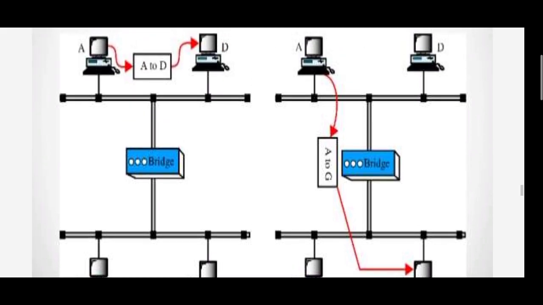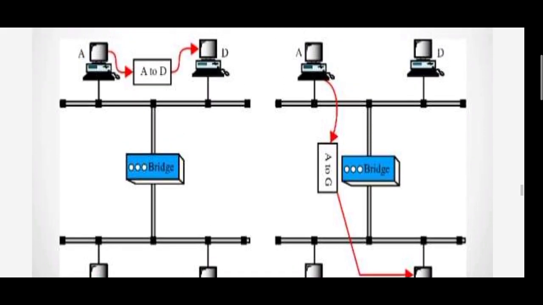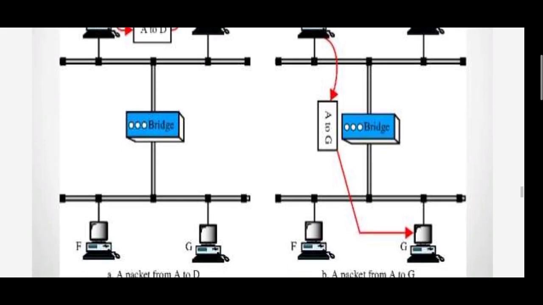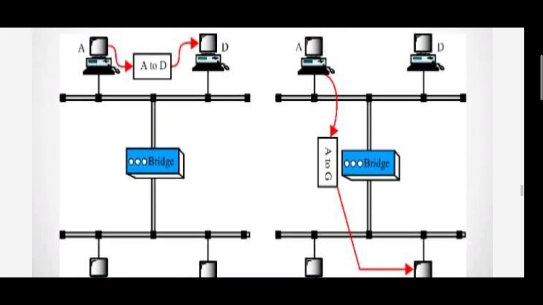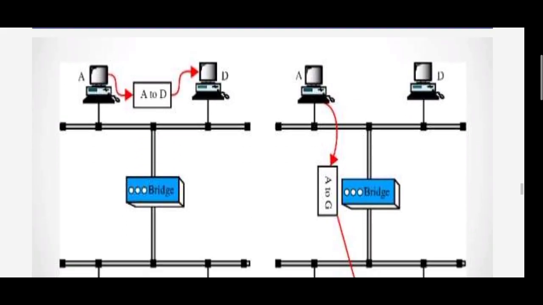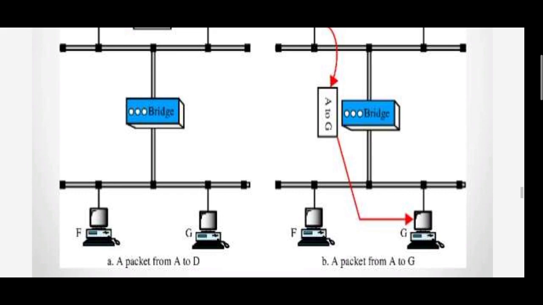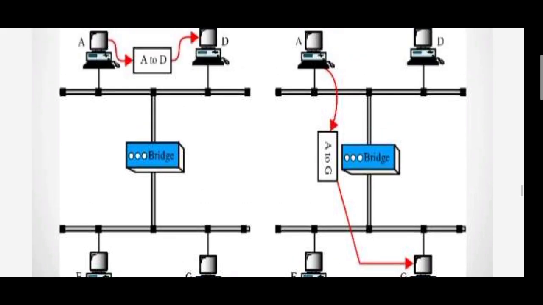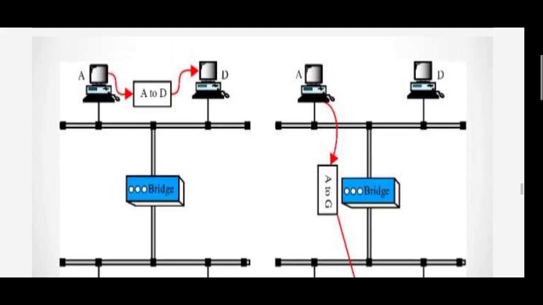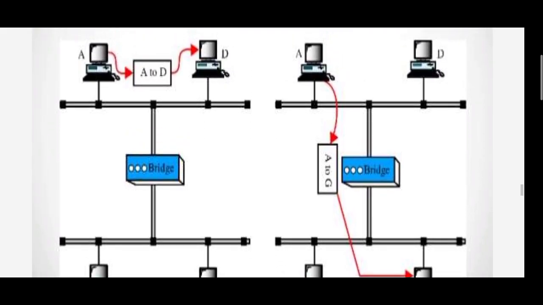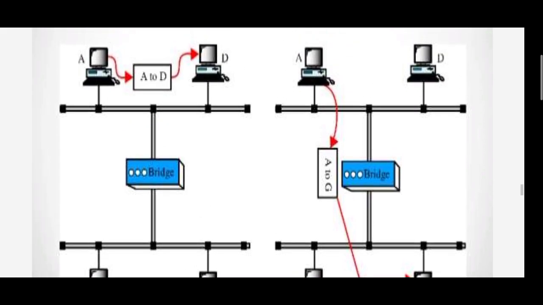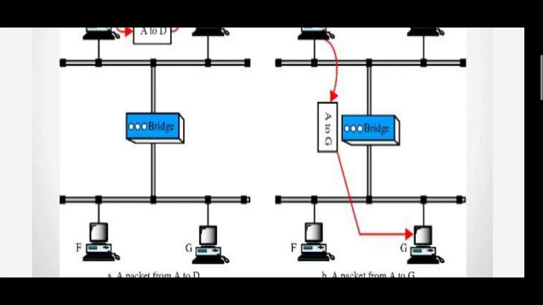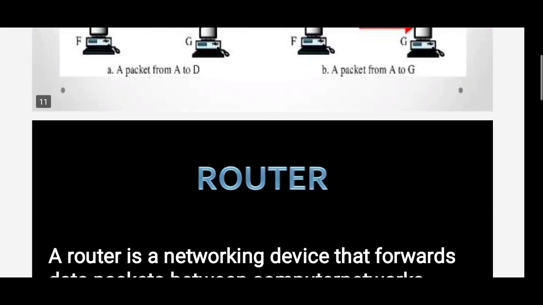First one is A to D, second one is A to D and FG. The bridge is a packet from A to D, packet from A to G. This is used to bridge.